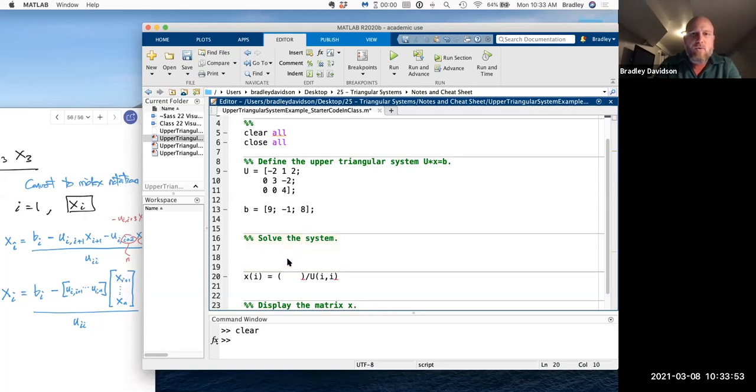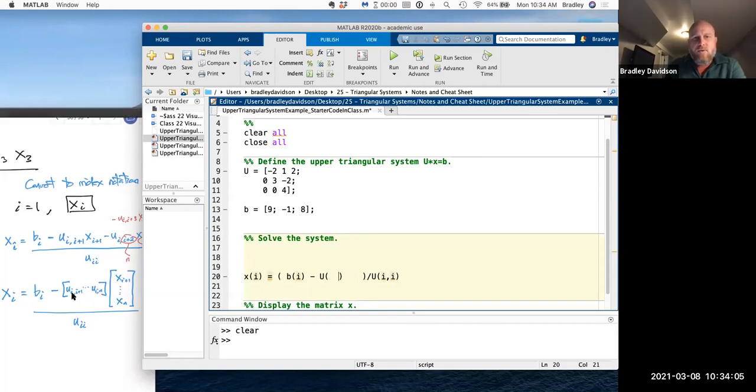And for our numerator, bi, and then minus, and we need to do our matrix multiplication, so it's u, and we're going to get all the terms in the ith row, all the terms from i plus 1 to n.